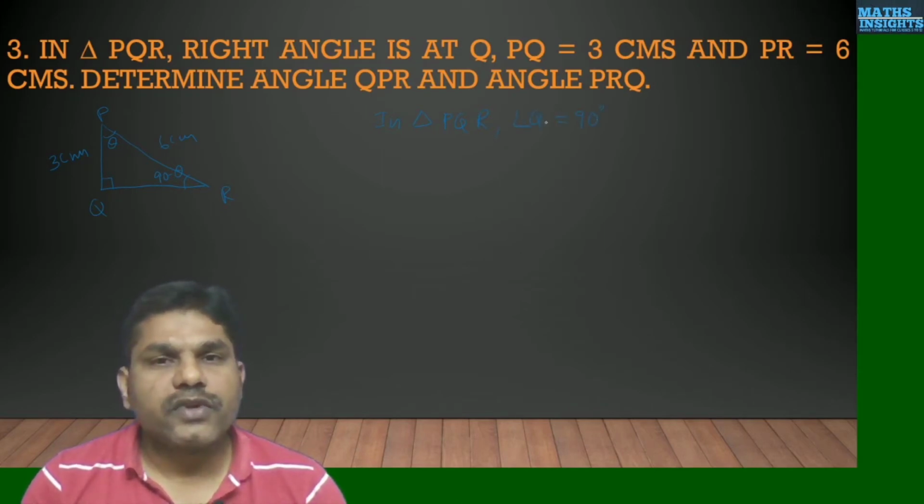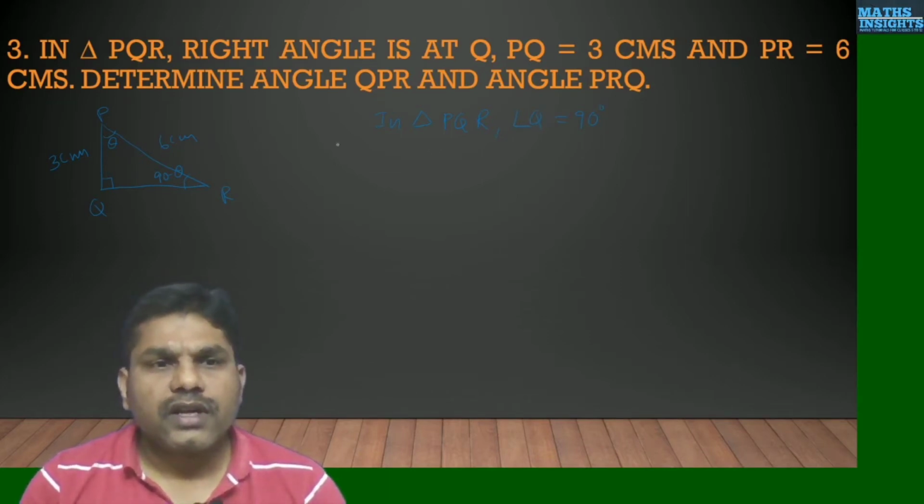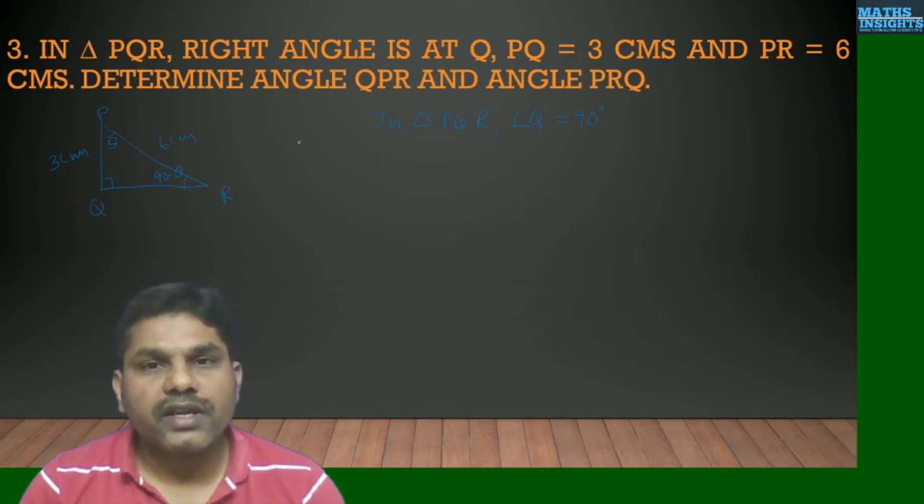Why? Because trigonometric ratios are defined in a right angle triangle only. They have given two sides, so you have to take a trigonometric ratio which involves the side adjacent to theta and the hypotenuse.